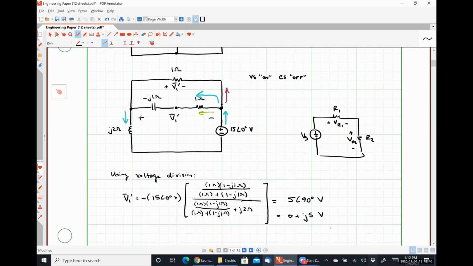Can anybody verify that I've gotten the correct answer? All right, I'm seeing some heads nodding yes. Okay, so we have found the contribution of the 15 angle 0 volt source to the quantity V1 prime. What should we do next since we're employing the superposition technique here? Turn on the current source.